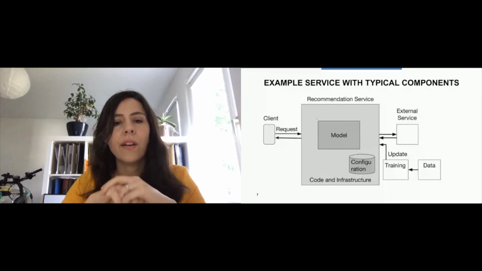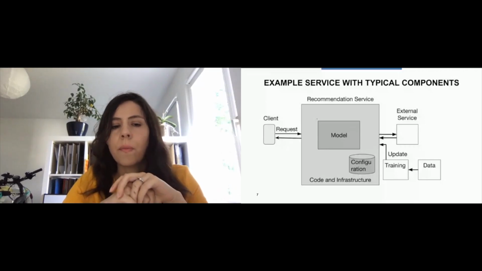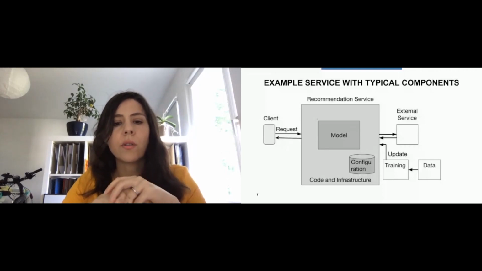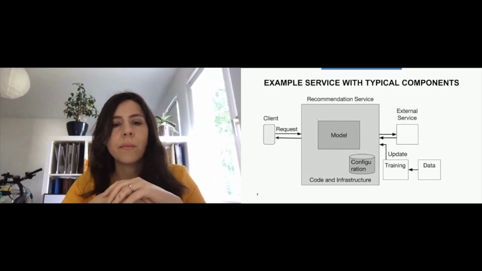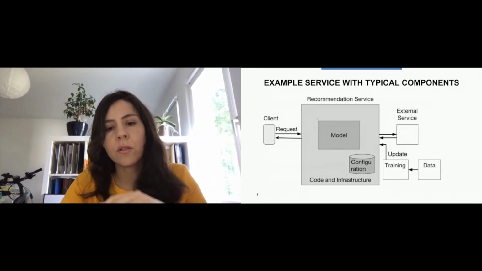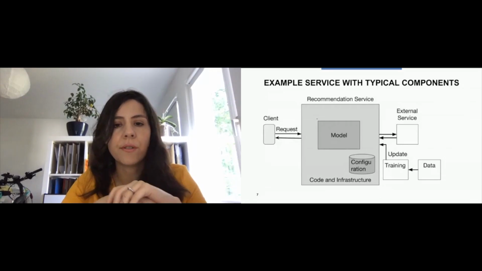You have a model that is wrapped by a service, with some additional code on top of the model that calls the model and also typically applies business-related rules, for example on availability of products or certain deterministic steering rules that your business imposes. There is model configuration that contains information about these business rules or just model parameters.